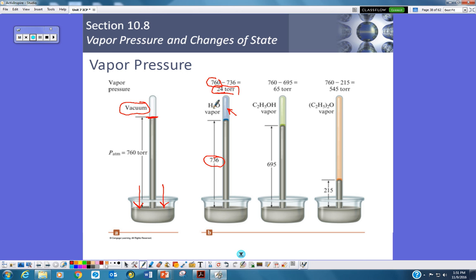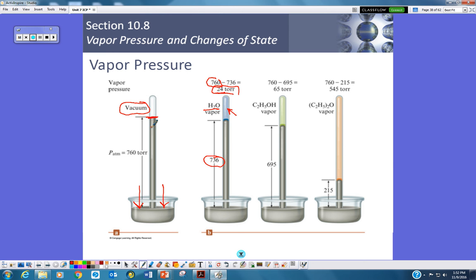Just thinking about what we know about this molecule, this is an extremely polar molecule, and it's going to form very, very strong H bonds between each molecule. So that's why this is going to be such a low vapor pressure. There's nothing here to prevent it from rising, so this is going to be as high as it gets.